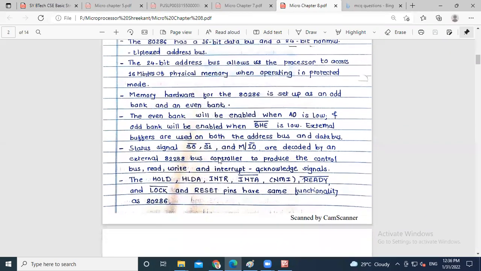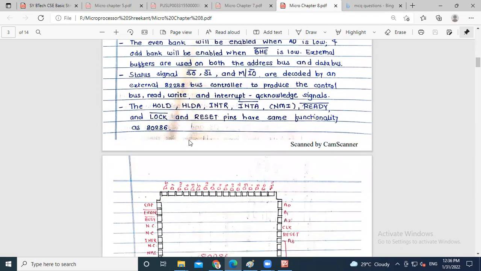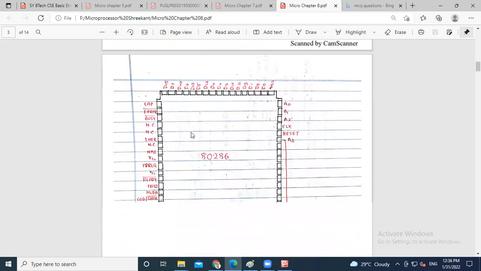And what pins are we using? Hold, hold acknowledgement, interrupt, interrupt acknowledgement, ready, lock, and reset pins have the same functionality in the 80286. Whatever pins we use in the 8086, those are the same in the 80286 also.